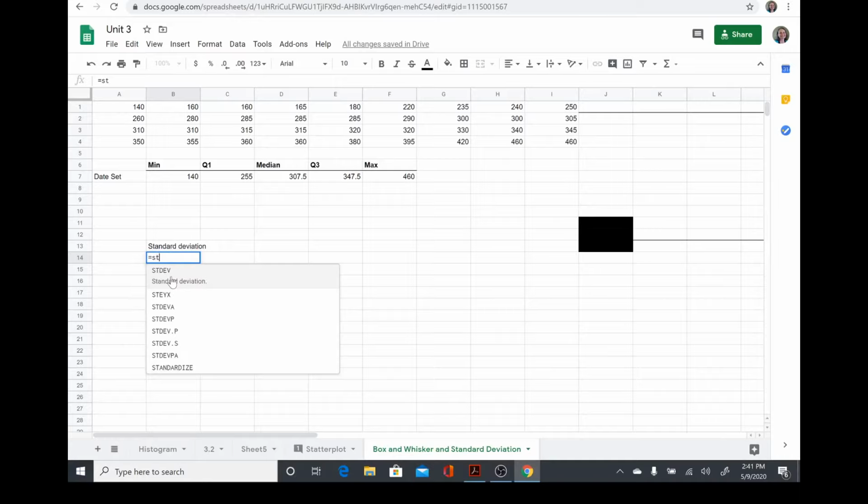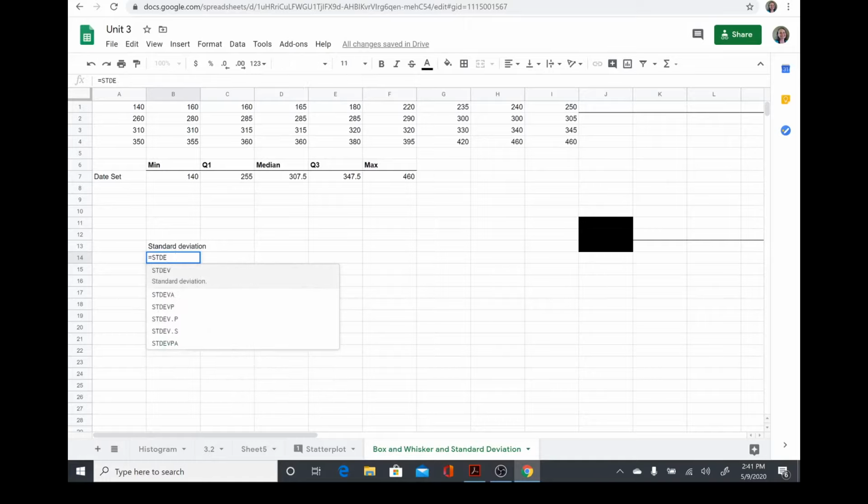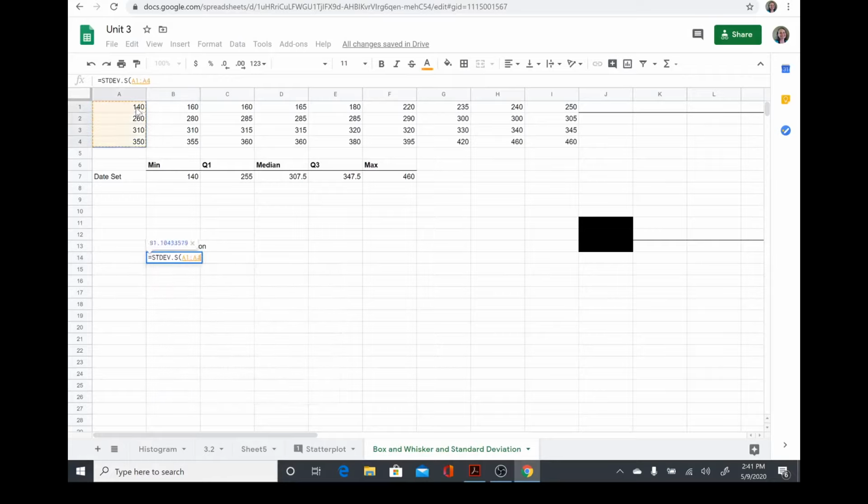ST, select standard deviation. Actually, what I want to do is select standard deviation of a sample, which is going to be standard deviation.s. And we're working with a sample, meaning not the entire population. So standard deviation.s, there you go. The standard deviation of that data set was 78.67.